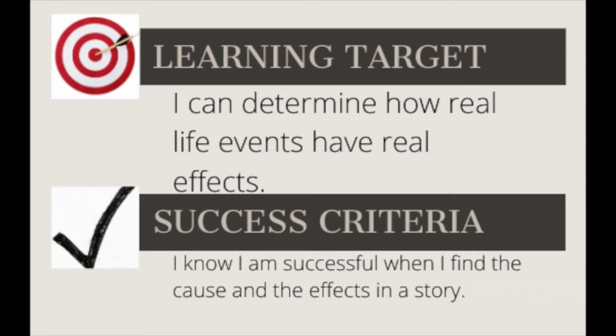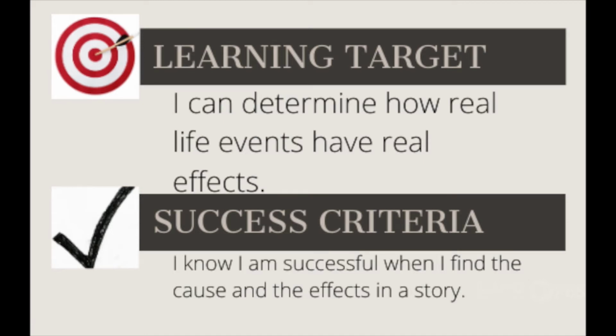Our learning target today was I can determine how real life events have real effects. Our success criteria was we knew we were successful when we found the cause and the effects in a story.